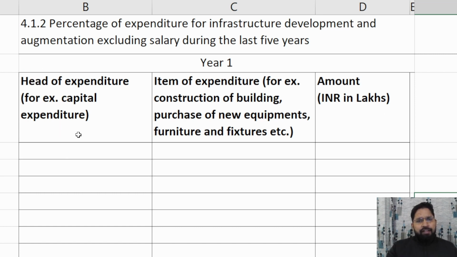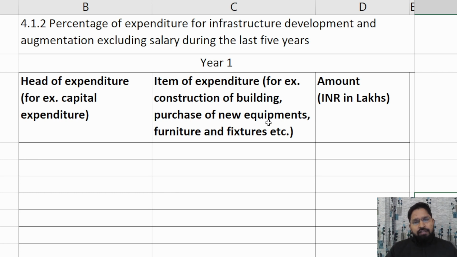In this template, we mention the head of expenditure for infrastructure. Here we give this heading, and in the second column we give where we spend the money. We can mention construction of new buildings, purchase of new equipment, and furniture.